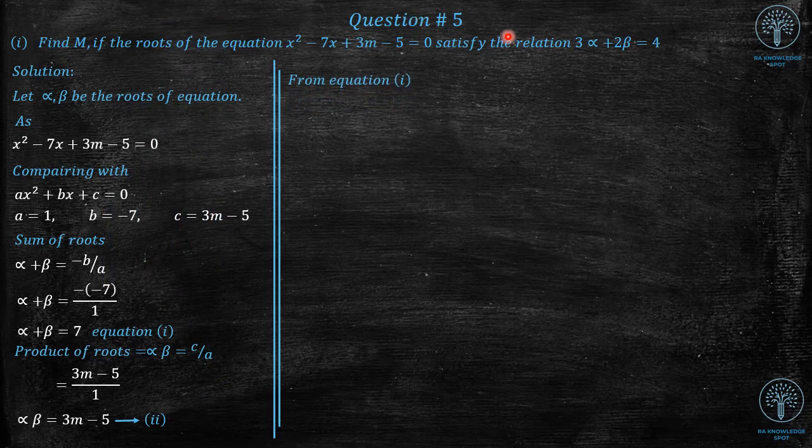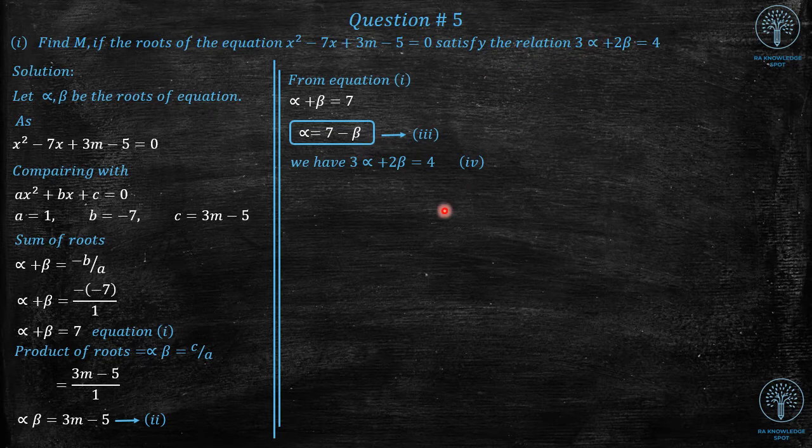Now from equation number 1, this is the value of alpha, that is 7 minus beta. Now we have to use this relation. We are going to put the value of alpha in this relation.